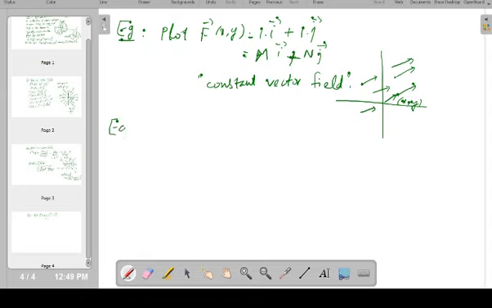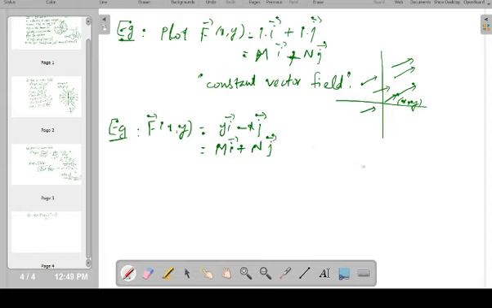Another example, f of x comma y equal to yi minus xj. So m of x comma y is y, and n of x comma y is minus x, and I have to plot this.